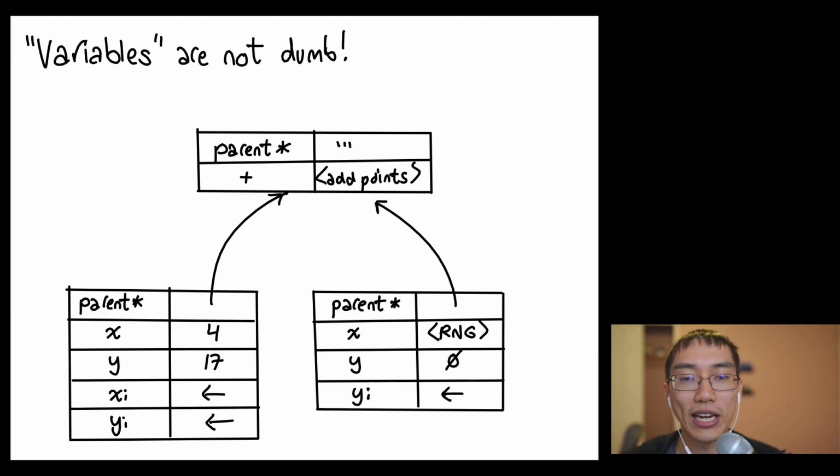But I also could have a random point, and this random point in the slot for x doesn't store an actual number. It could store, say, code for doing random number generation. And now every time I query what the value of x is on this point, I could get a fresh random variable out.